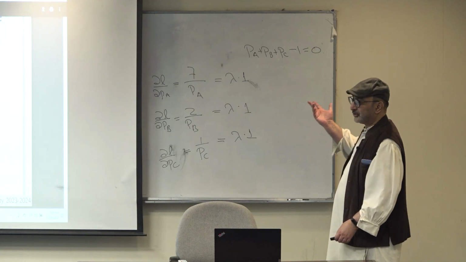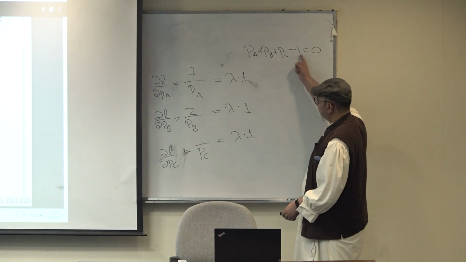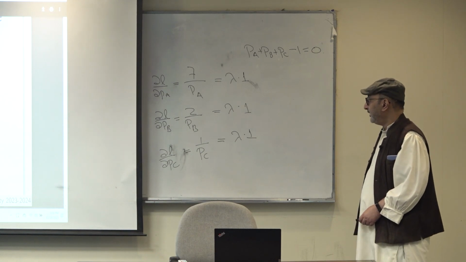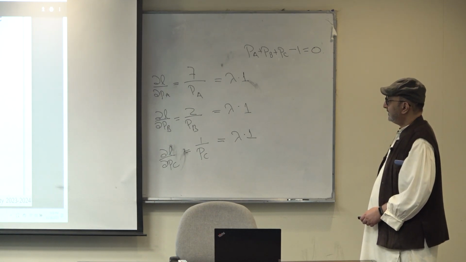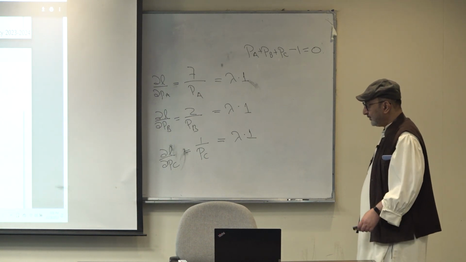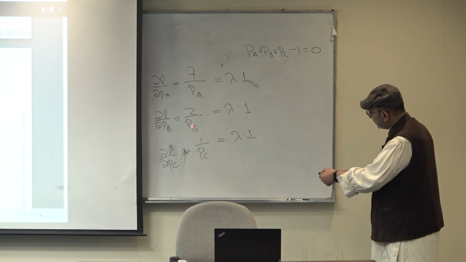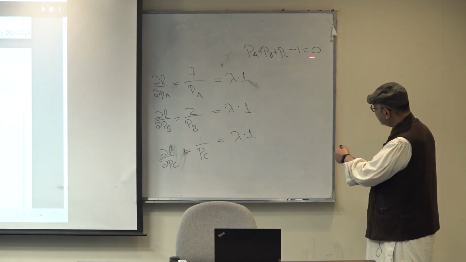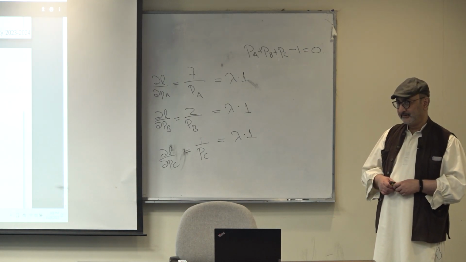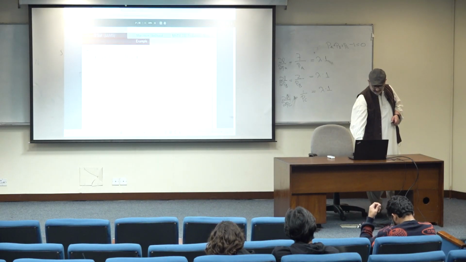And you keep your constraint in mind, that the sum of these is equal to 1. Now, if I can rearrange this a little, I've got a system of 4 equations. I've got the equations that come from the derivatives plus the constraint equation. So I've got 4 equations that I need to solve. I can rewrite them a little bit.